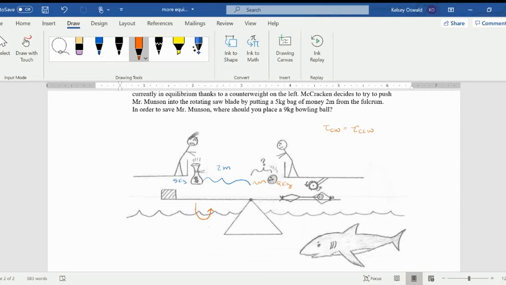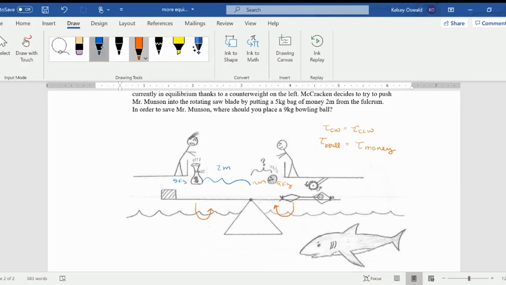However, if we look at our 9 kilogram ball, it's going to drop the right end side of the board and raise the left end up, or rotate that board clockwise. Okay? So for clockwise torque, we have our bowling ball. And we want to set that equal to the torque from the money, which is trying to rotate it counterclockwise.